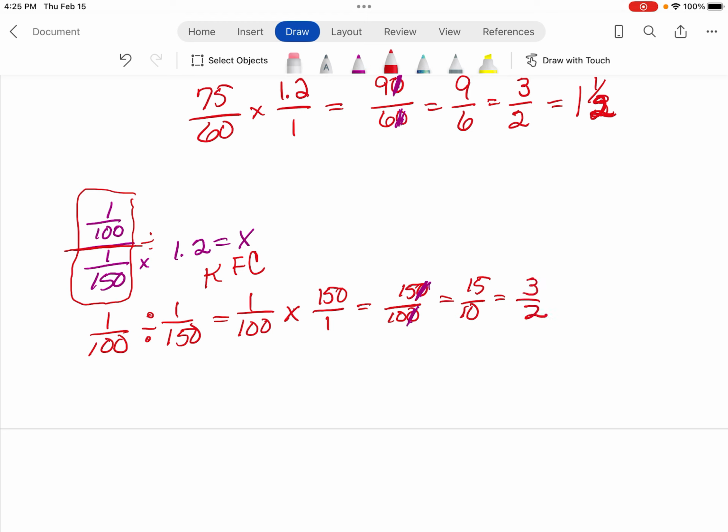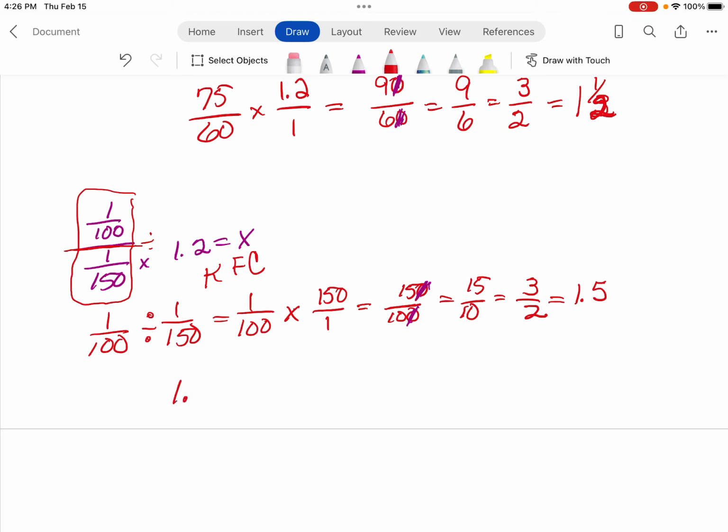Again, I can change this to a decimal, which would be 1.5, or I can leave it as 3/2, put the 1.2 over 1 and multiply across. But since I've got it as the decimal, I'm going to multiply 1.5, let me erase that and try that again.